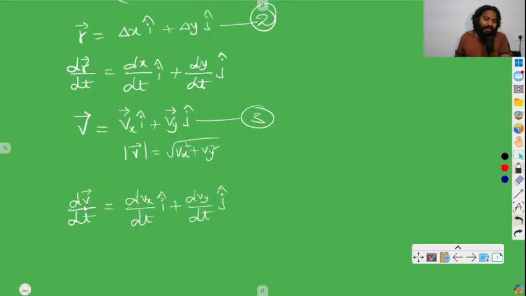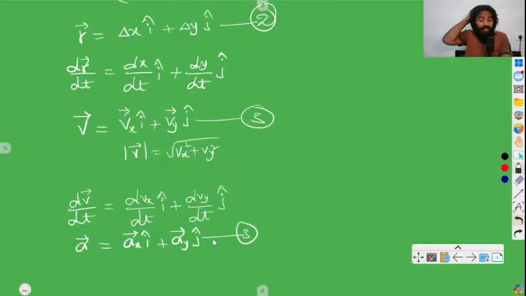We know very well the rate of change of velocity with respect to time is called acceleration. So acceleration is equal to the component of acceleration along the x-axis I cap plus the component of acceleration along the y-axis j cap. This is how we find velocity and acceleration. For everything you can also use the triangle law of vectors.